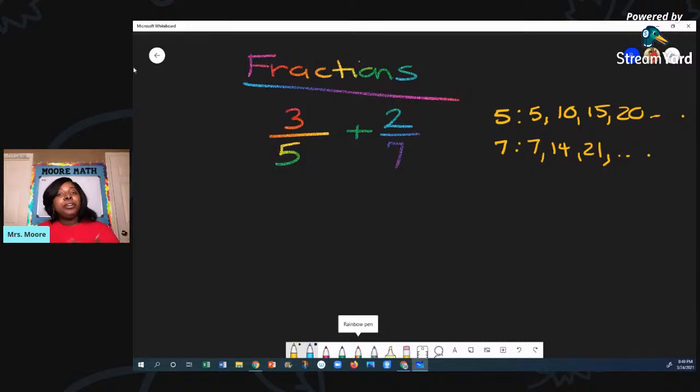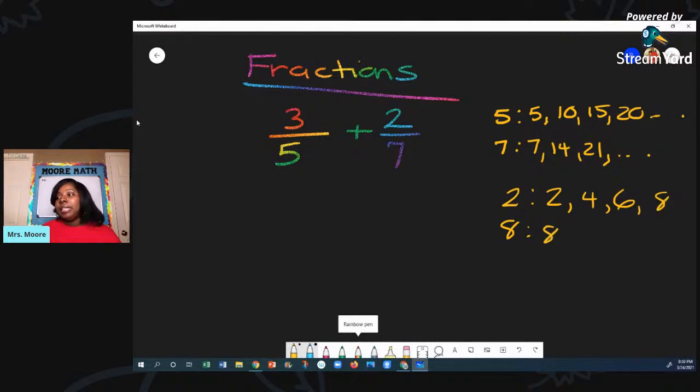But if you have bigger fractions, sometimes you're not going to want to multiply them together. There might be a smaller multiple that is easy for you to work with. So I do want you to understand that you're just counting by both of those numbers until you get to something that they have in common, right? So if it was a 2 and an 8, you would count 2, 4, 6, 8.